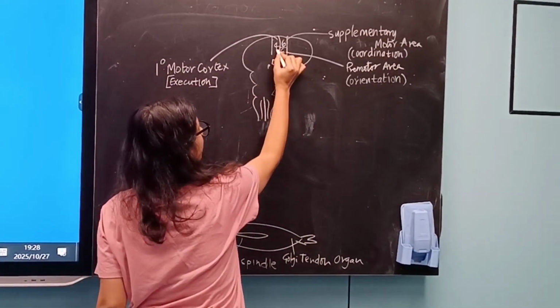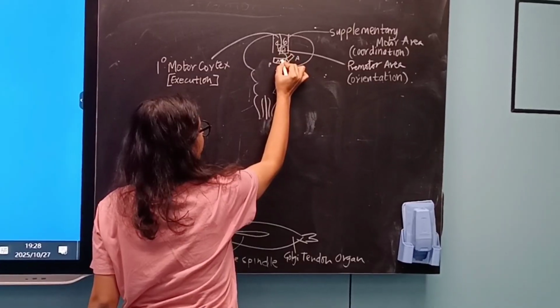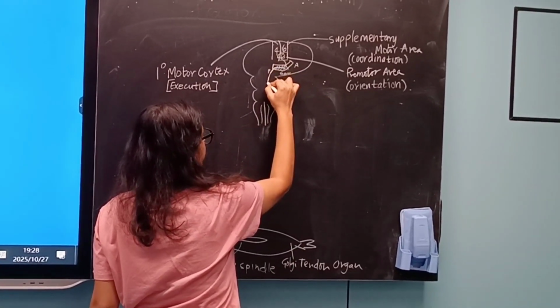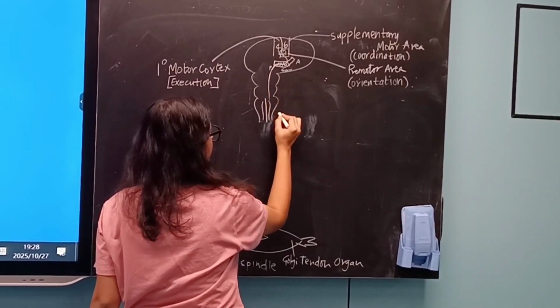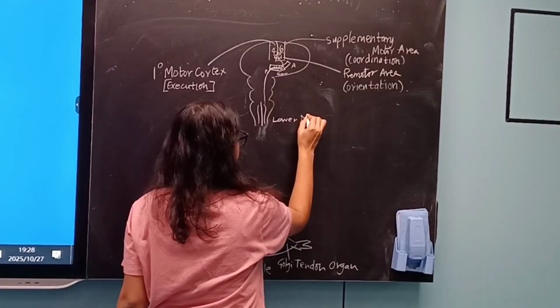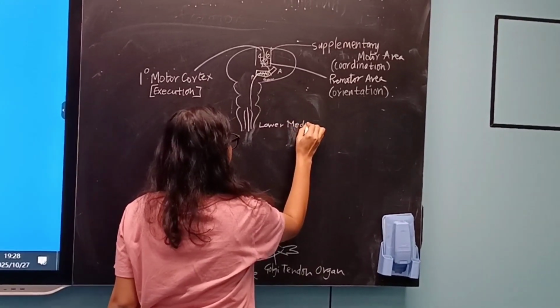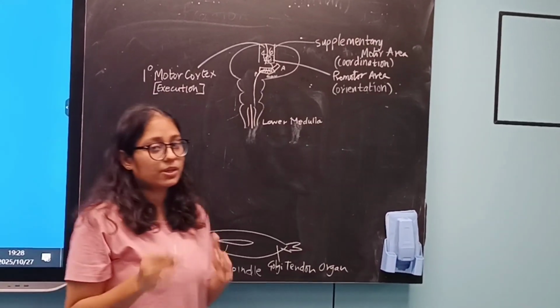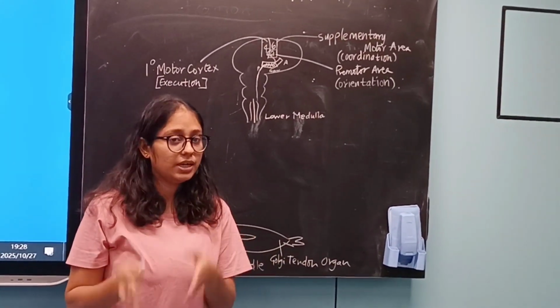So this means that all the nerves which are formed will go through the posterior part of the internal capsule and go to the lower medulla. Now at this lower medulla, the nerves are going to decussate. Decussate means cross over to the other side.